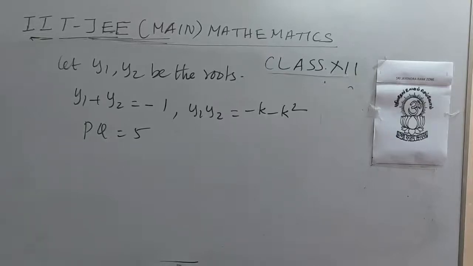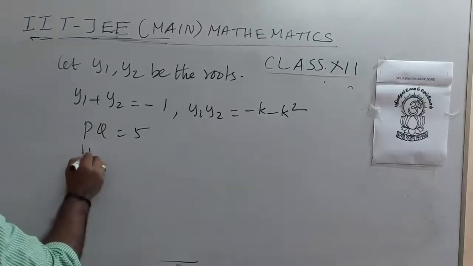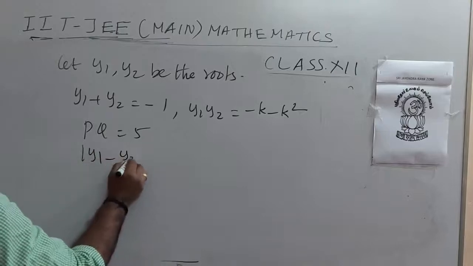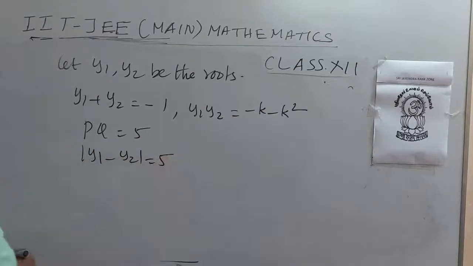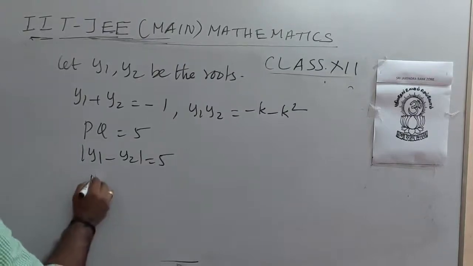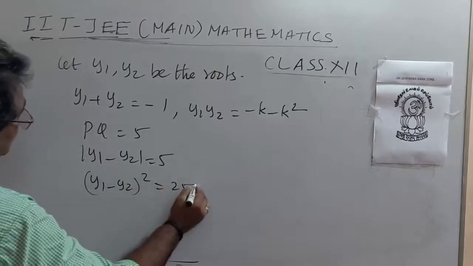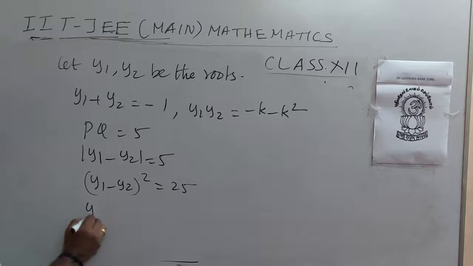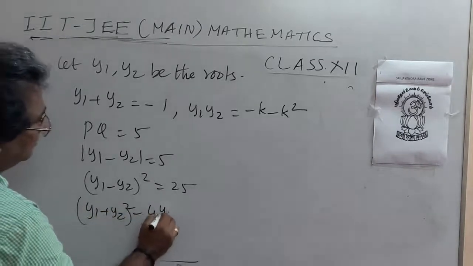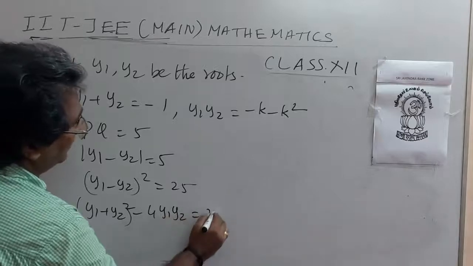That means modulus of y1 minus y2 equal to 5. So (y1 minus y2) whole squared equal to 25. That is (y1 plus y2) whole squared minus 4 y1 y2 equal to 25.